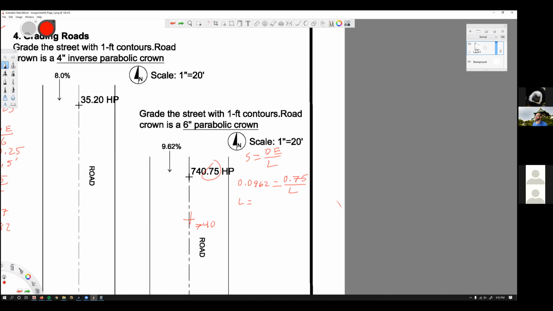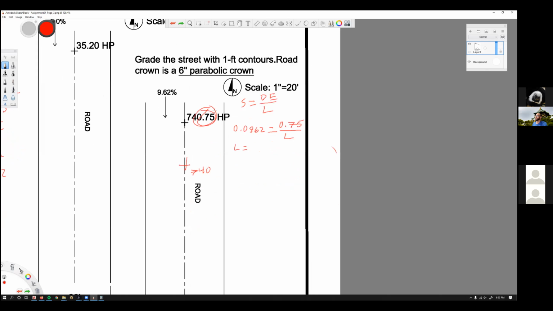So in order to begin this problem, we need to figure out where a whole number contour is. We can do that given the information we have, because we know where we're starting, where we want to be, and the slope between those two points.